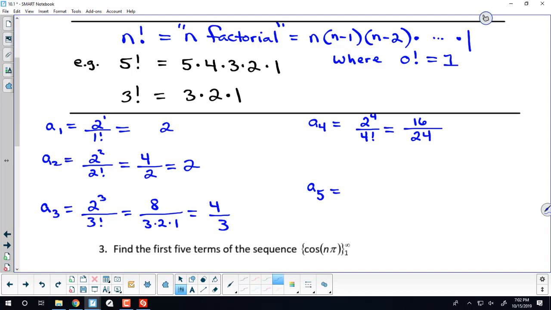And, you know, we could reduce this later, but then our 5th term, 2 to the 5th over 5 factorial. 32 over 5 times 4 times 3 times 2 times 1. 5 factorial. Just write this out.